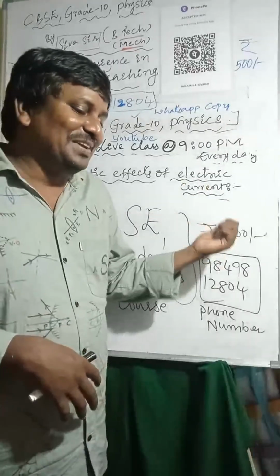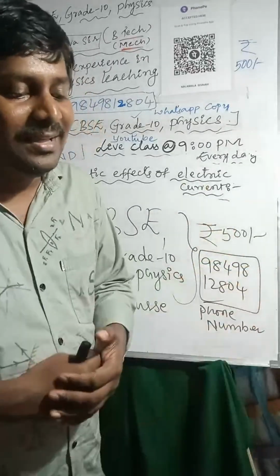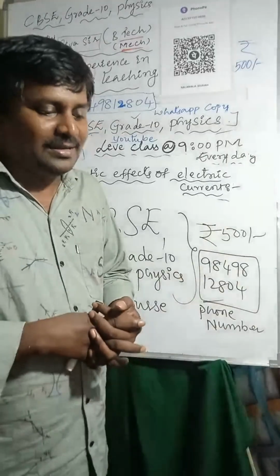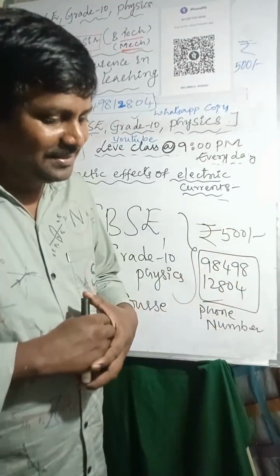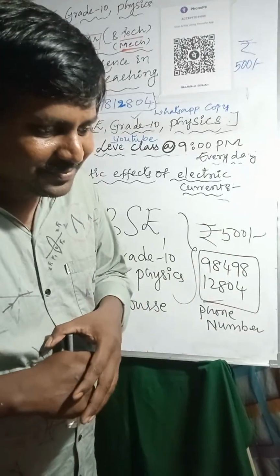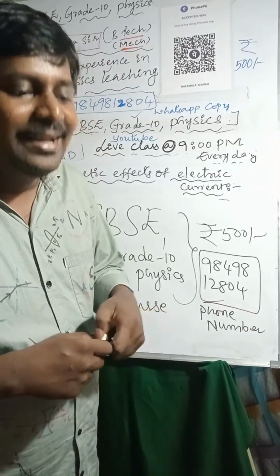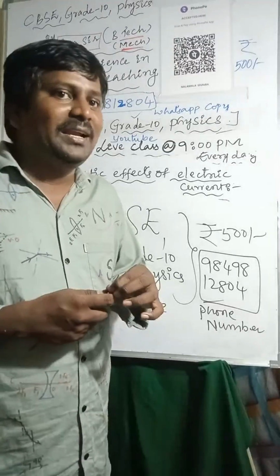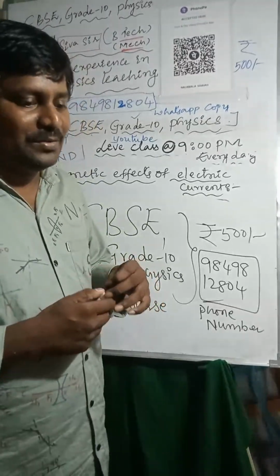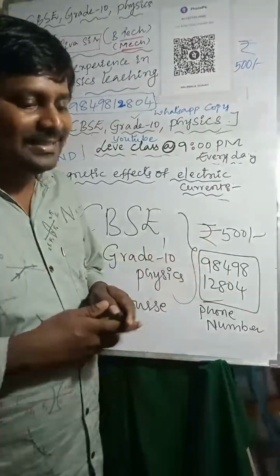So from 9 o'clock onwards you can join. I hope you are studying in 10th class, is it? Okay, anyway, it is too late, so we'll see you in tomorrow's 9 o'clock class. Yes, sir.